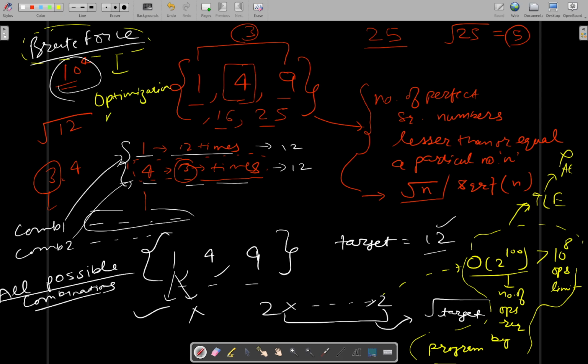Okay, so what optimizations should we do in order to get this solution accepted? Let's consider a scenario: 4 plus 4 plus 4. Till here your sum was 4, then it was 8, then it was 12.